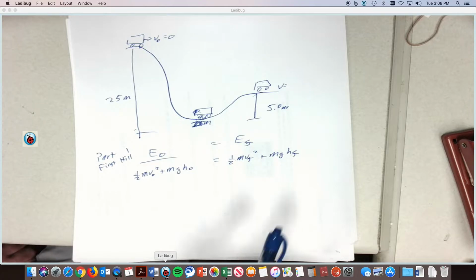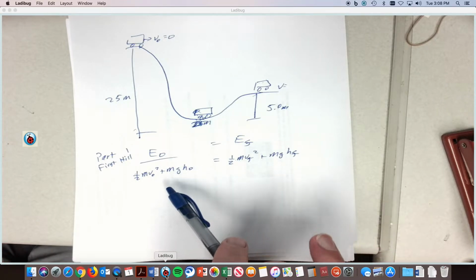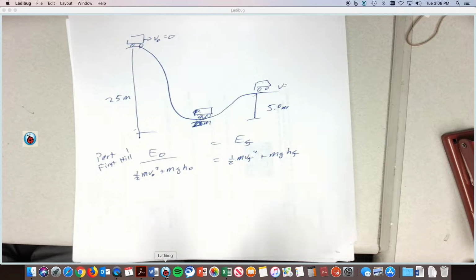Well, h final is equal to 0. Again, we're making the g's positive now, because we've mathematically factored out the negative part by rearranging it this way.